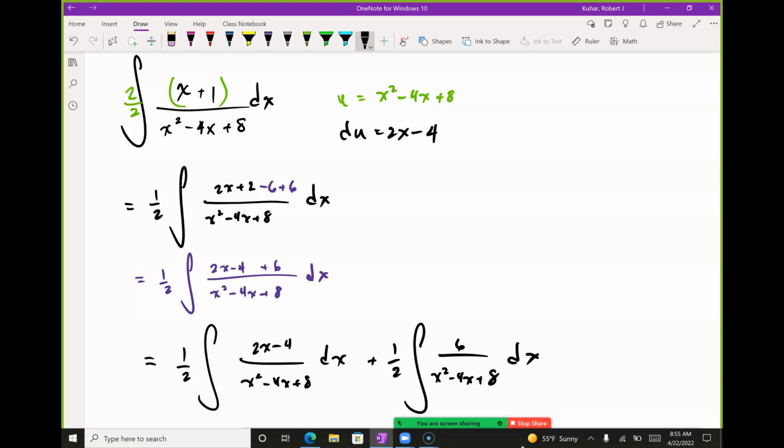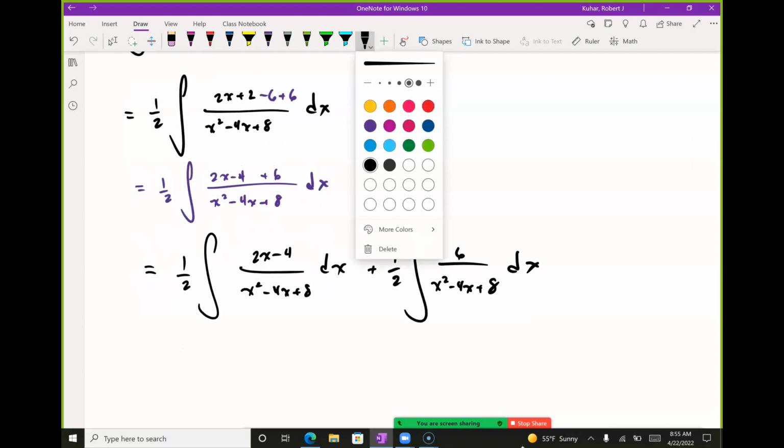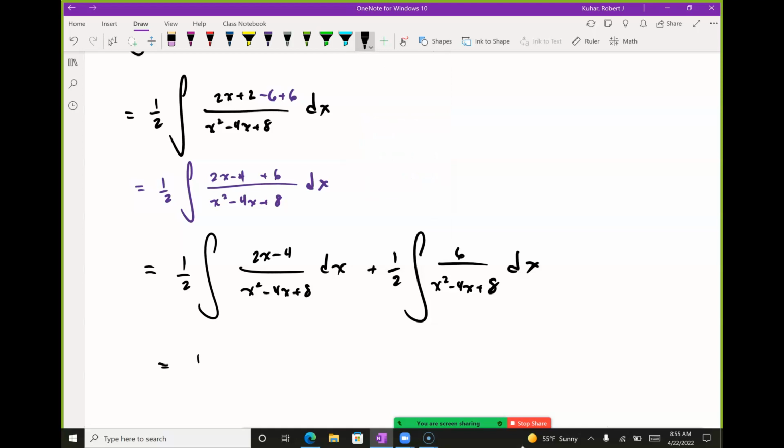And so you can see on the first part, I'm going to get an ln, right? I'm going to get a 1 over u du, right? Integral of 1 over u du. And on the second one, I got to complete the square. So on the first one, I already know I have 1/2 of the ln of the absolute value of x squared minus 4x plus 8.